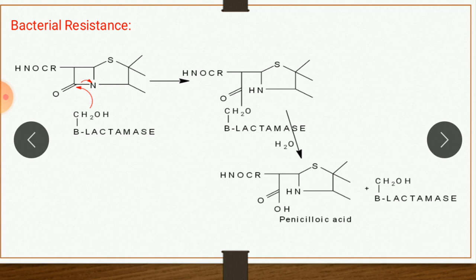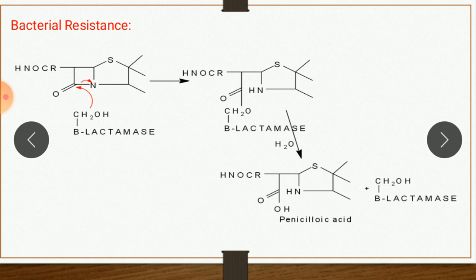Now, the specific acylase enzyme, which is the second enzyme present in bacteria, hydrolyzes the acyl amino side chain of penicillin. Such enzymes have been obtained from several species of gram-negative bacteria, but their possible role in bacterial resistance has not been well defined.